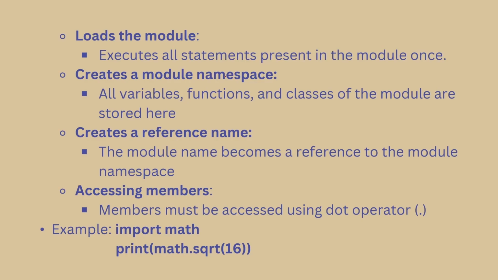Like we say import math, then we say print math dot square root. We're not saying print square root, we are saying math dot square root, because square root is a function of the math module. And in order to access the members of the namespace, we use this dot operator. So these are all the steps.